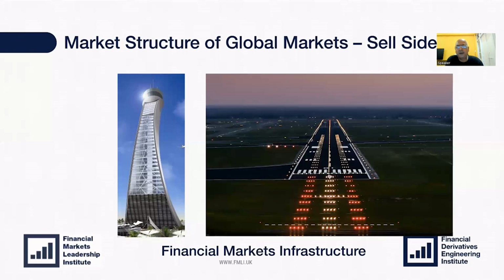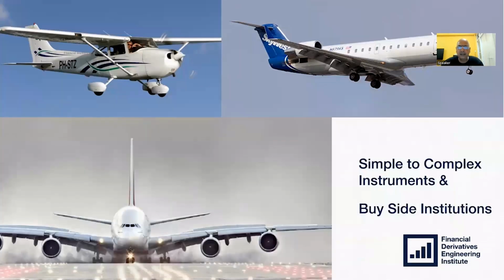Even if you are from Belarus, Russia, Estonia, you have got to speak English. That is the standard language because the world over, all air traffic control understands English. So this is the sell side.